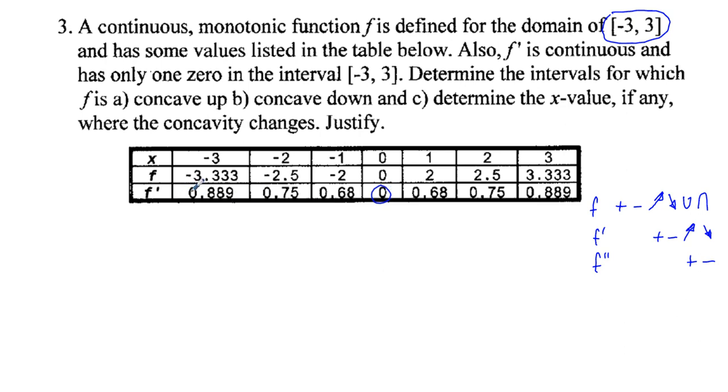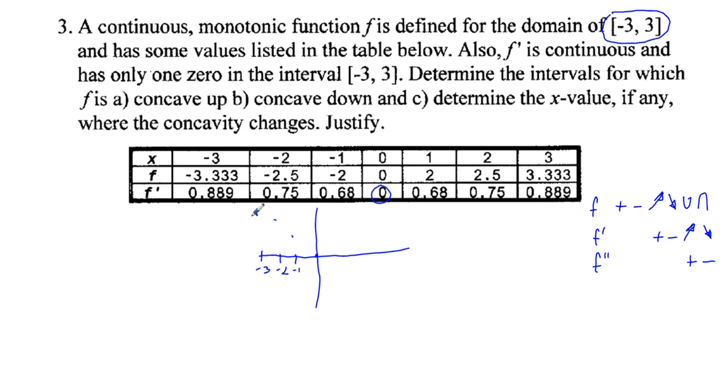So f prime is coming down, and if we could draw a little sketch of this, okay, here, a continuous monotonic function is defined, okay? So f prime is starting here at 0.889, coming down to 0.75, 0.68, and that's going to be at -3, -2, -1, and at 0, we are at 0 right here.